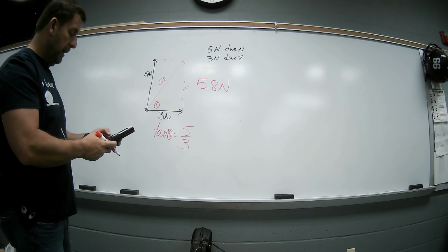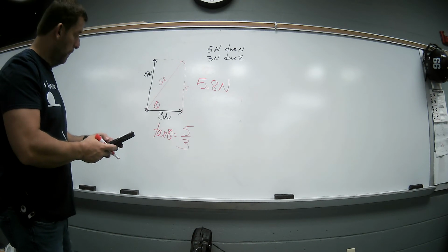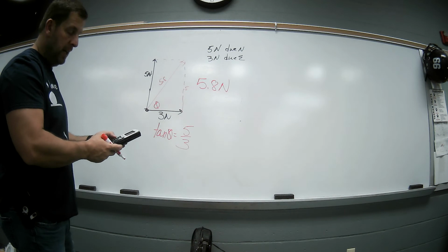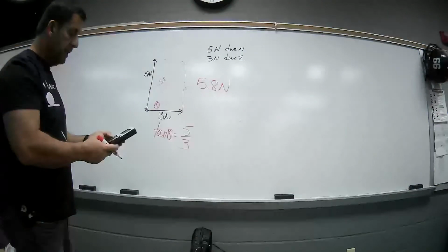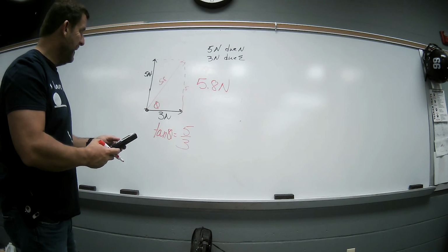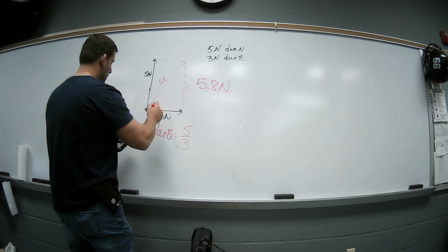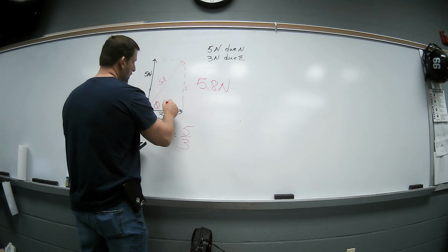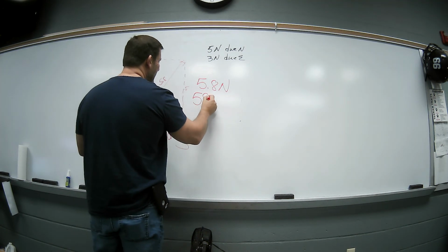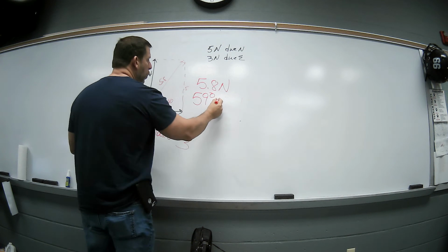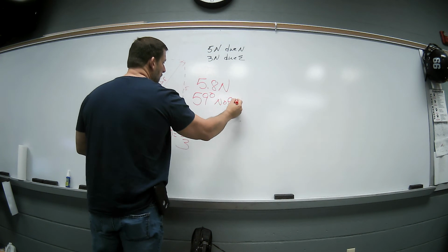I got to do it again. Second tan, I hit the wrong button by accident. Second, inverse tangent, 5 divided by 3. Make sure it's in degree mode. I have 59 degrees. So I got 59.0 degrees, so 59 degrees north of east.